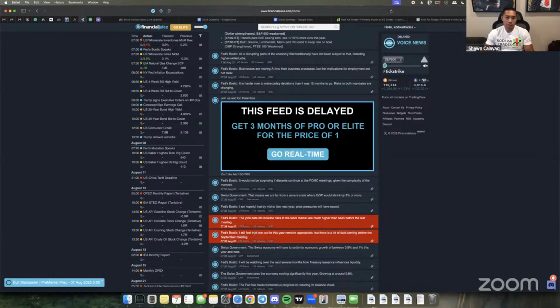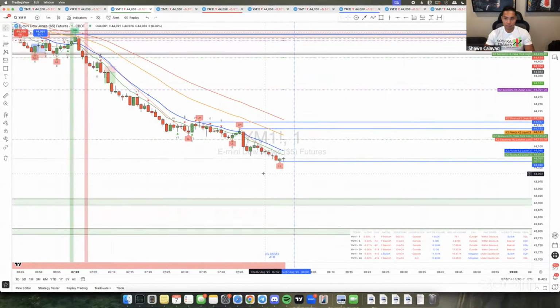That's just what I mentioned earlier: there's probably just going to be one cut, a quarter cut, probably later in October. I don't think it's going to happen anytime soon because they're not ready to cut yet. He also said there's a lot of data coming before the September meeting. Exactly. Not really expecting much, but price can possibly drop down to this lower level.